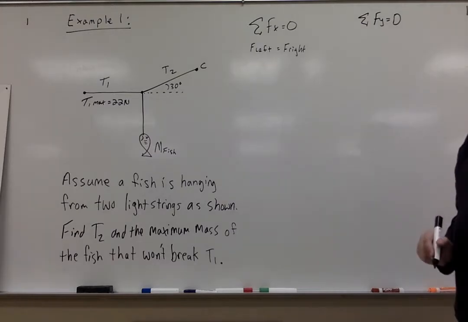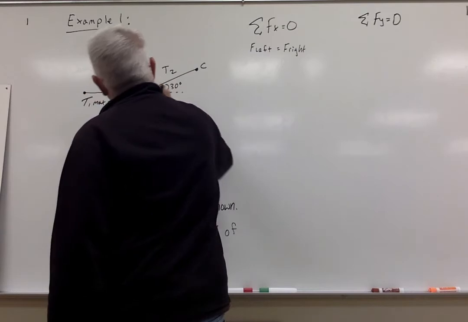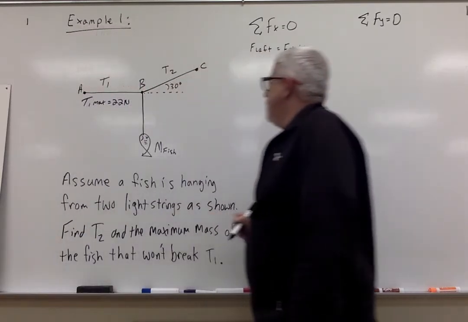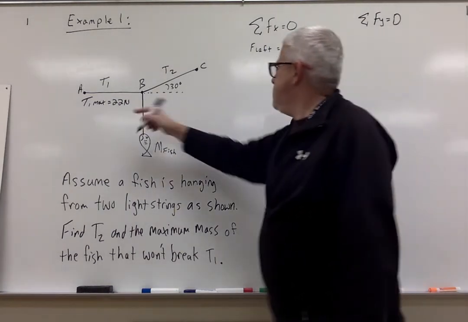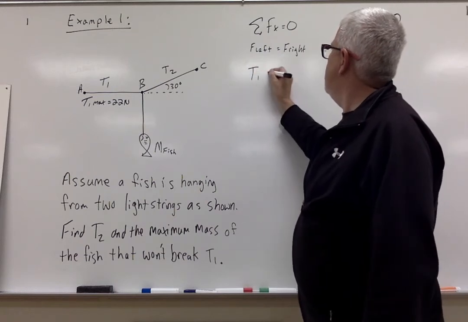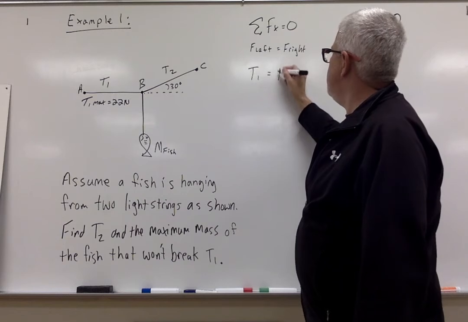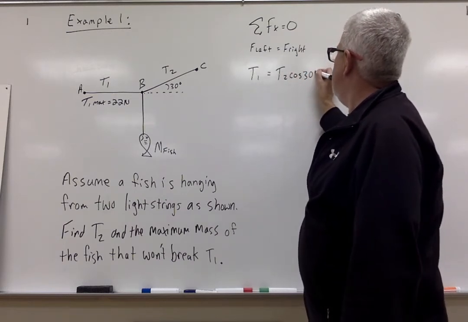Well, what's the force pulling left? And I would think about this really at point B, which I'll label right here. I think this one I'm going to call point A, and that's point C. So point B is what we're really interested in. So this is going to be T1. This is going to be the horizontal component of T2, so it's going to be T2 cosine of 30 degrees.